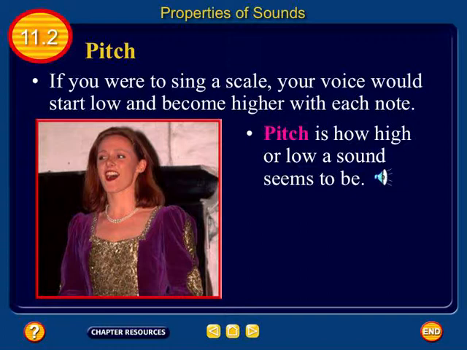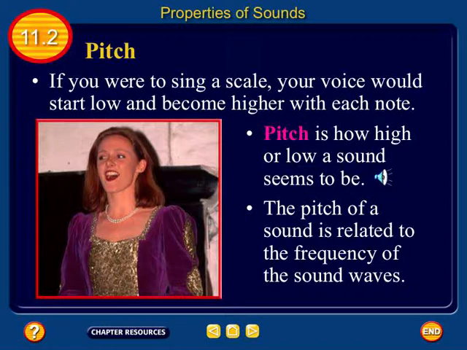Anyway, that pitch, guys, is going to be related to the frequency of the sound wave. And remember, guys, what is frequency? This is going to be on the test coming up. It's how many times a certain point in a compression wave, how many times the wavelength comes per second, right?